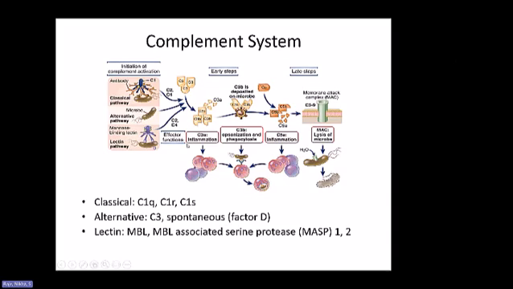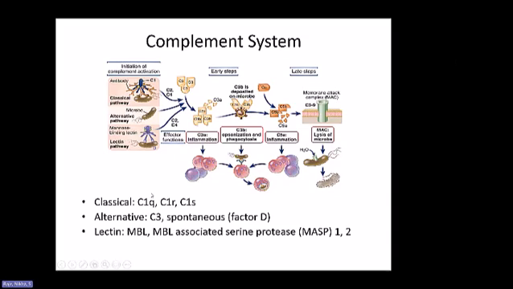So regardless of which pathway results in the activation, there is formation of a C3 convertase and then C5 convertase, which are the major steps of the cascade, and it results in formation of the membrane attack complex, which leads to the lysis of the microbe.